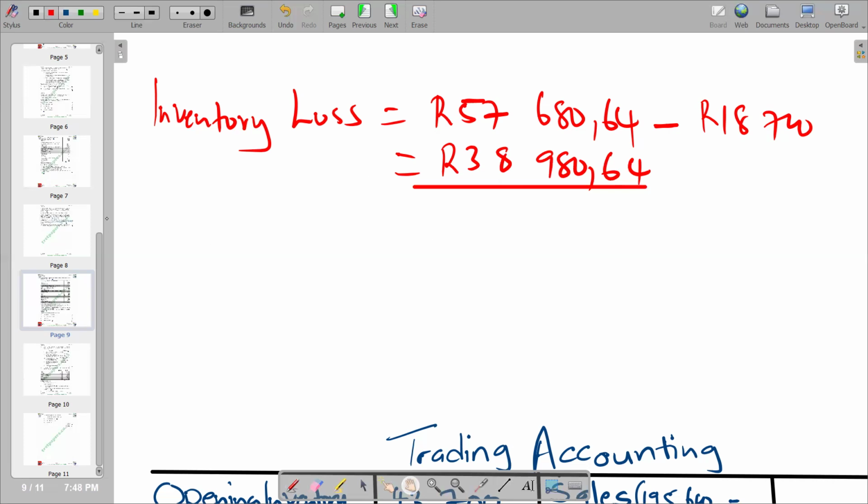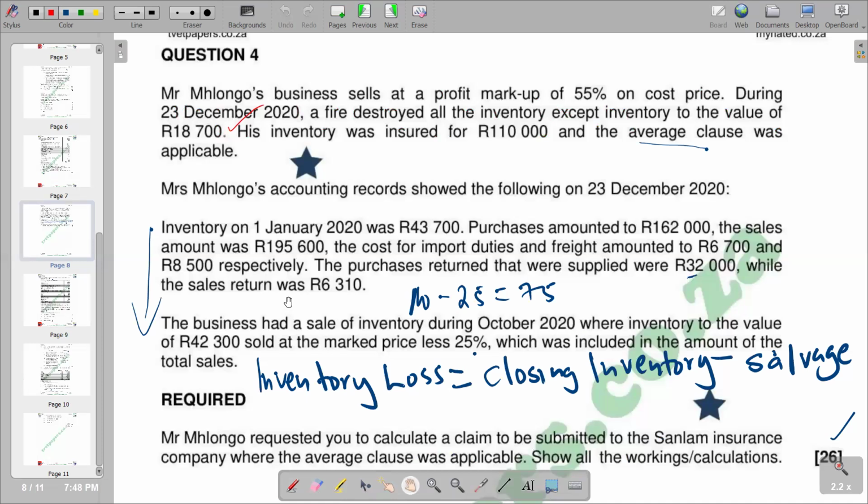So if you refer back to the question, you see that it reads that his inventory was insured for 110,000 and the average clause was applicable.